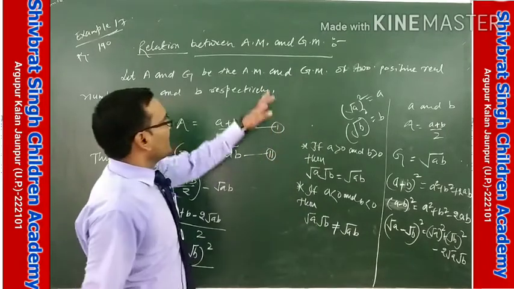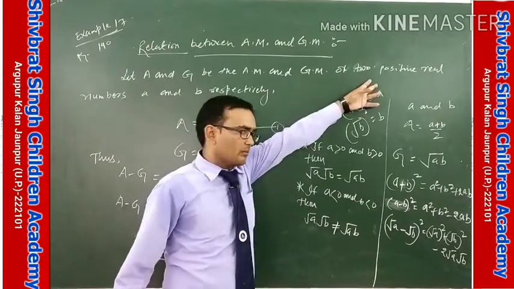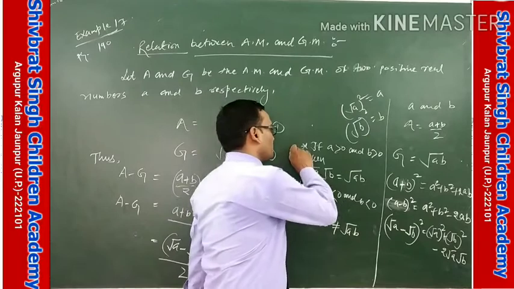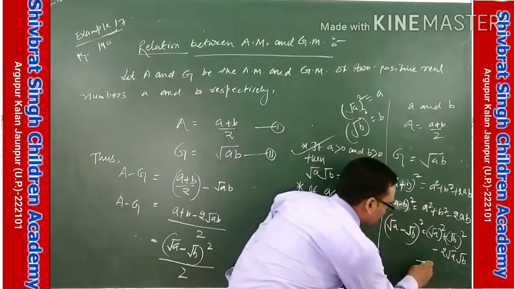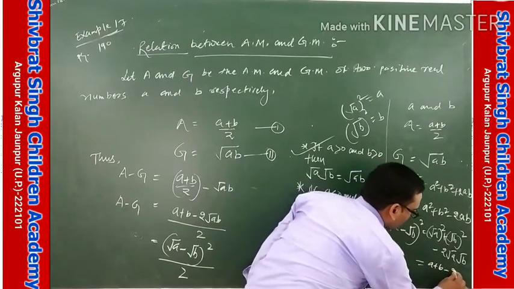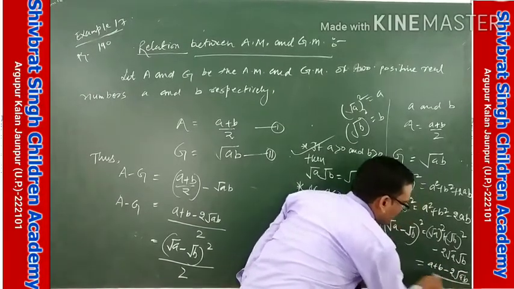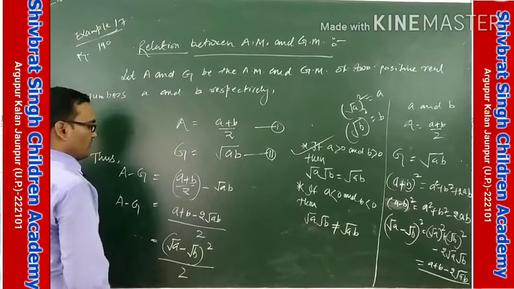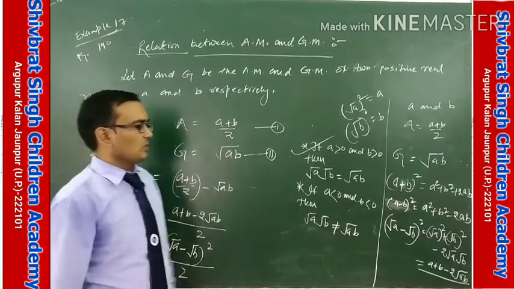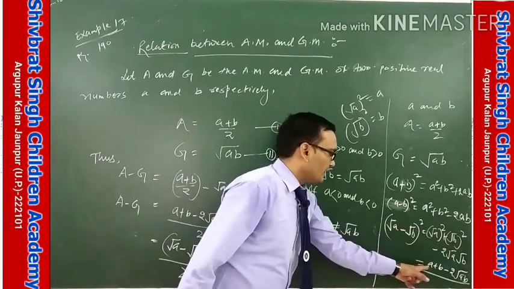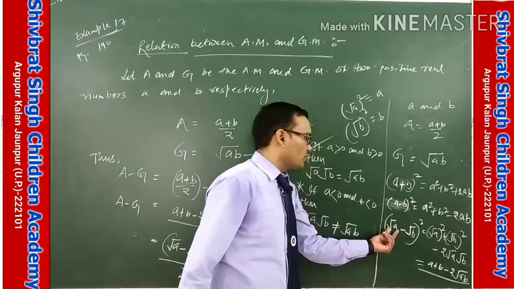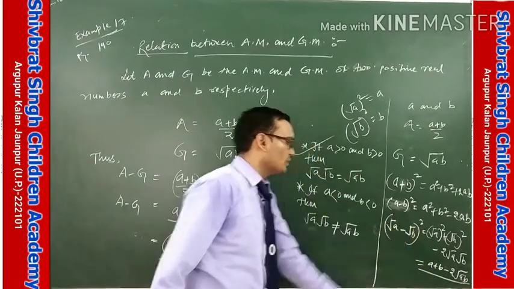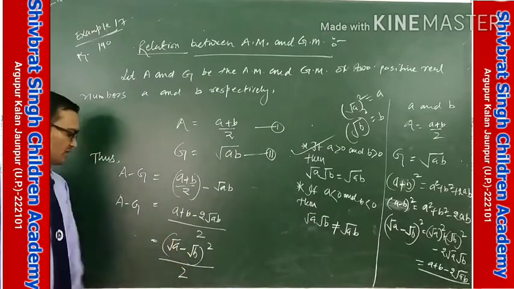Here we take a and b as positive real numbers, so this consideration is satisfied. Then we can write a plus b minus 2 square root ab as (square root a minus square root b) whole square.